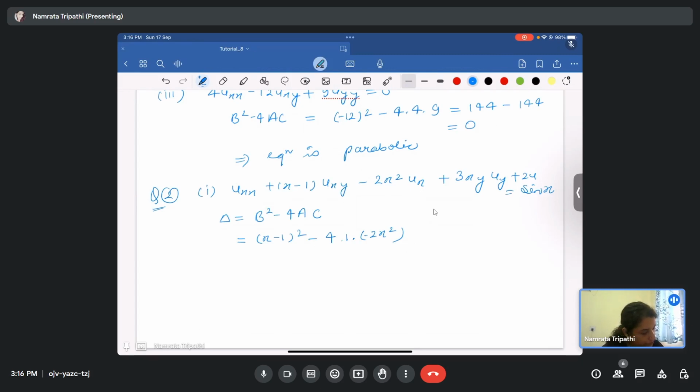Sorry, this is not right. Here the uyy term is missing. So the equation is uxx plus (x minus 1) uxy plus uyy minus 2x square ux. So a is 1, c is 1.